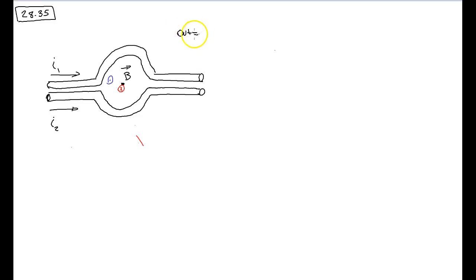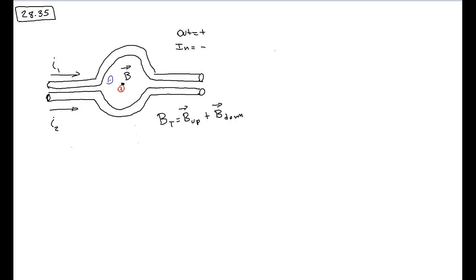So B total will be equal to B up plus B down. For a full circle, the magnetic field at the center is u sub 0 I divided by 2r. So for half of a circle it's u sub 0 I divided by 4r.